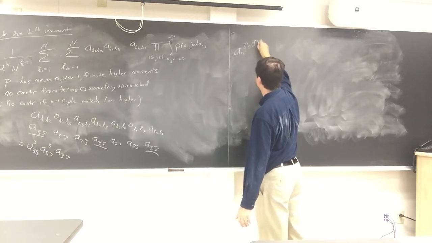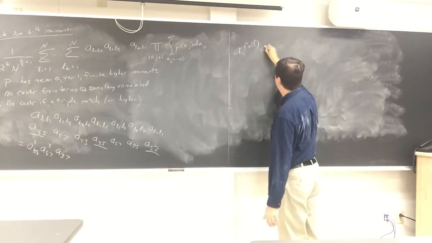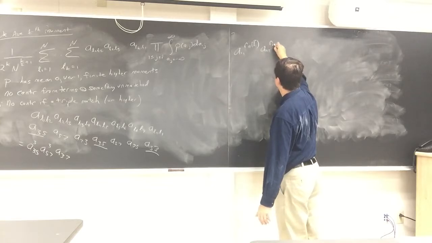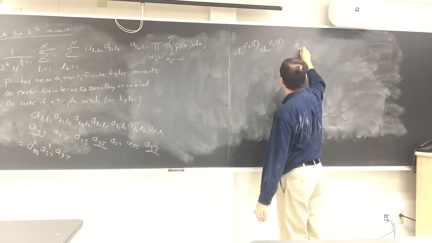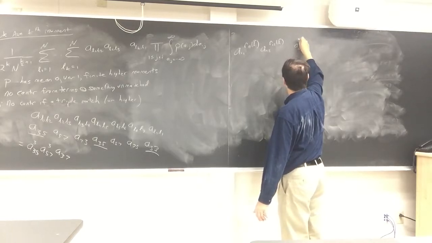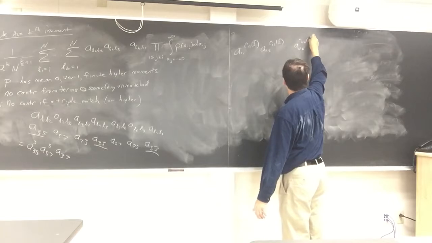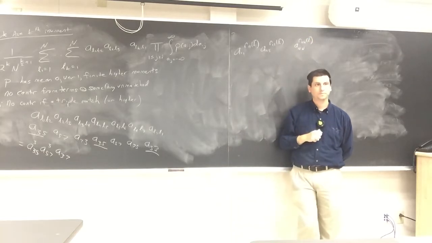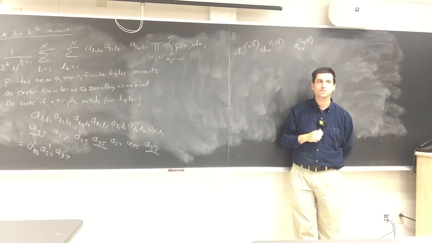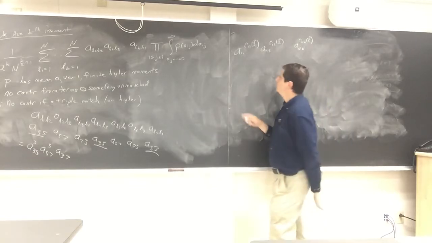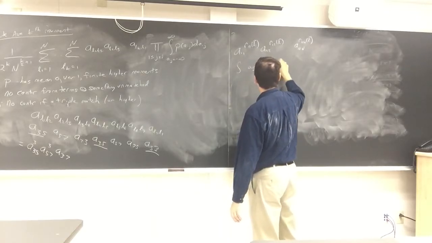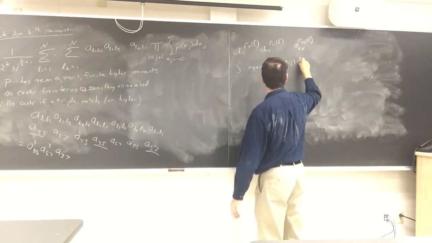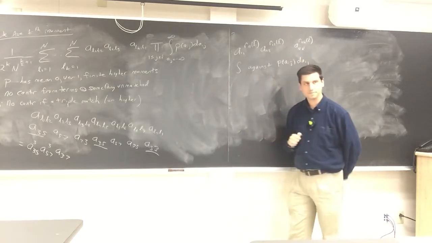I'll just write it as an L vector. And then we would have a12 to some power, all the way up to ann to some power. And so now, if I want to figure out what is the contribution of this, well, I now have to integrate against the p of aij daij.